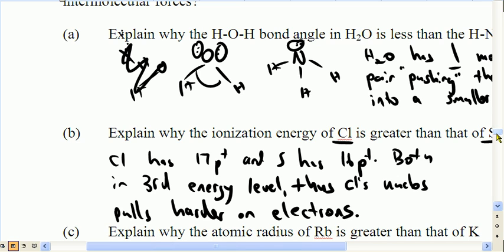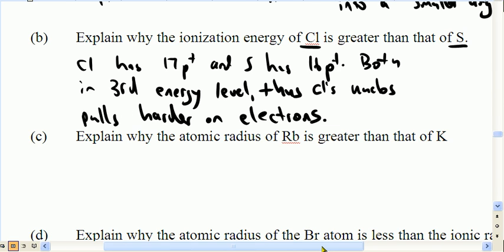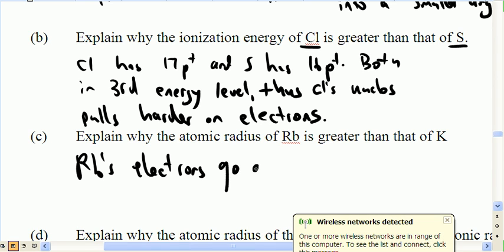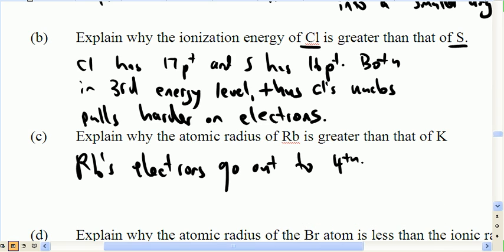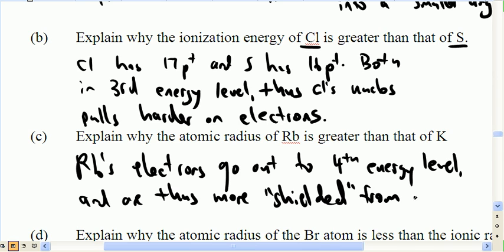Explain why Rb is larger than K, so this is a vertical relationship. So you can say Rb's electrons go out to the fourth energy level and are thus more shielded from the nucleus.